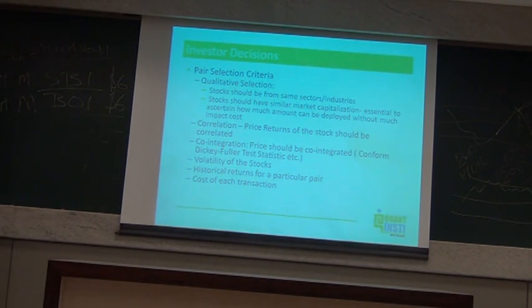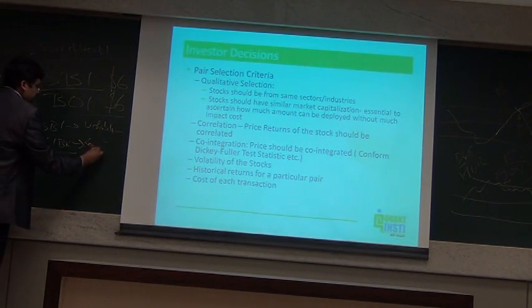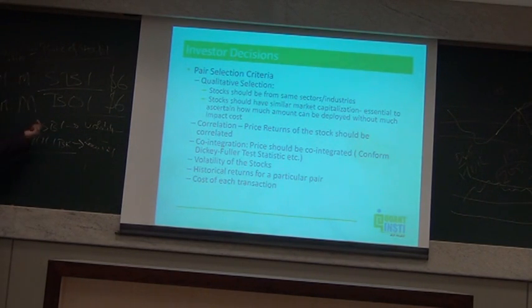So you have to look at the volatility. How the volatility affects your pair trading is like this. Suppose we take SBI, and you say SBI is highly volatile. Then say I look at ICICI Bank, and assume it to be low volatile. Now suppose you enter the trade: buy SBI and sell ICICI Bank.